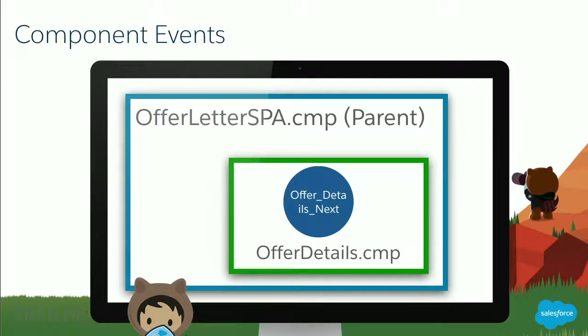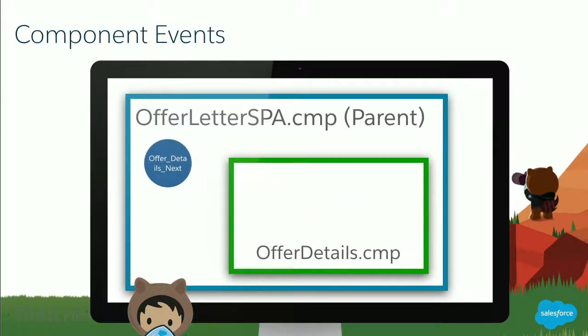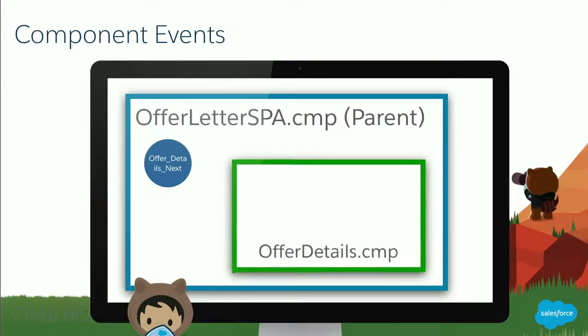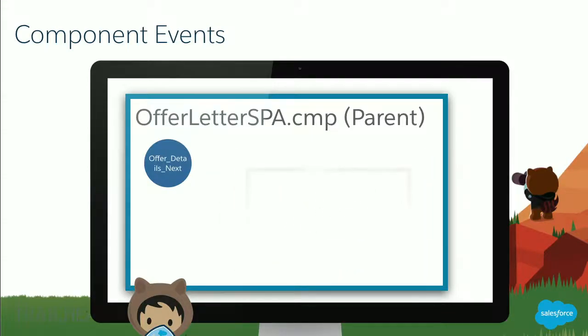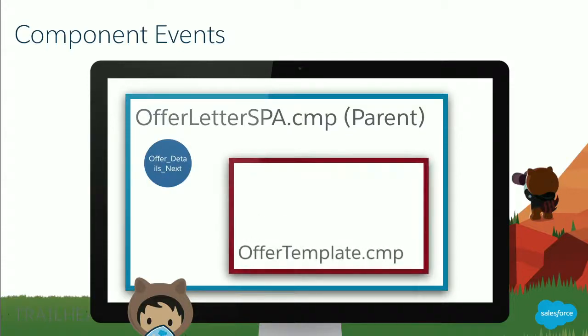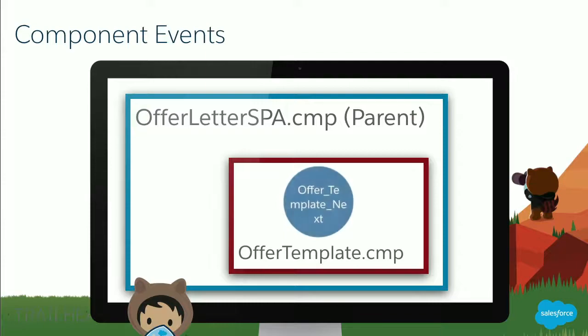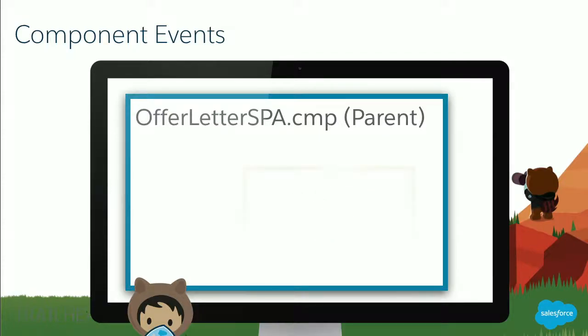And that blue circle is the bubbling event that this offer details child instantiated and is firing with that message inside, offer details next. So this event bubbles up to the parent, which handles it with that switch statement, and that's how it hides that first child and then unhides the next child. We use the same technique across our entire Lightning single-page app, Lightning component, to control visibility of the children.